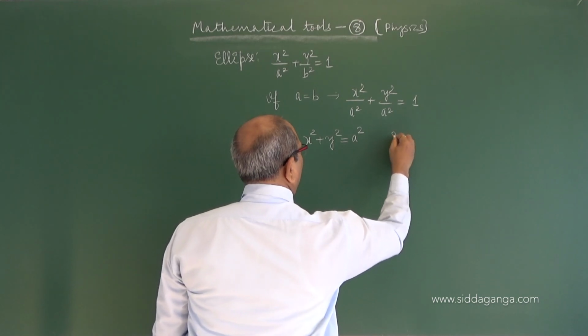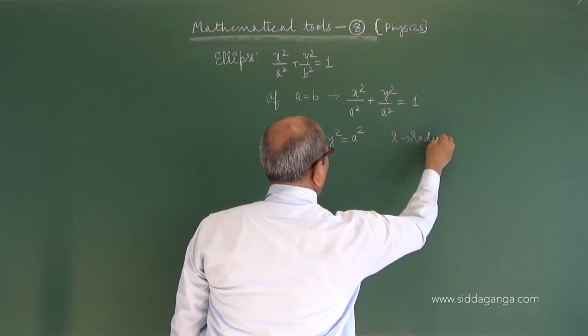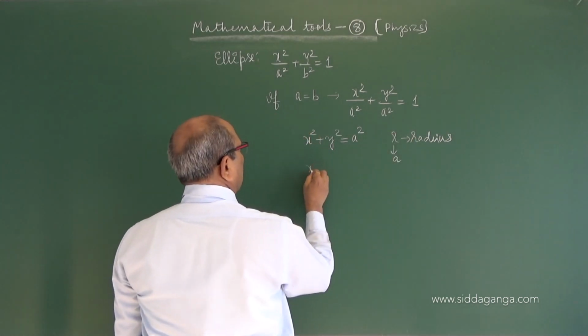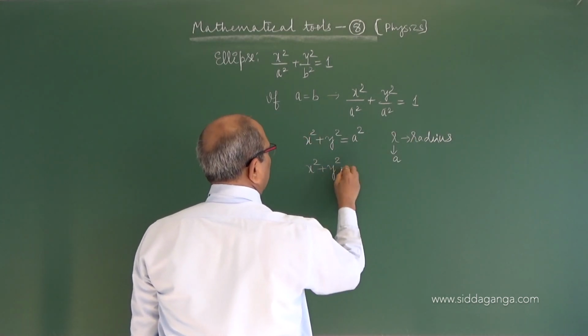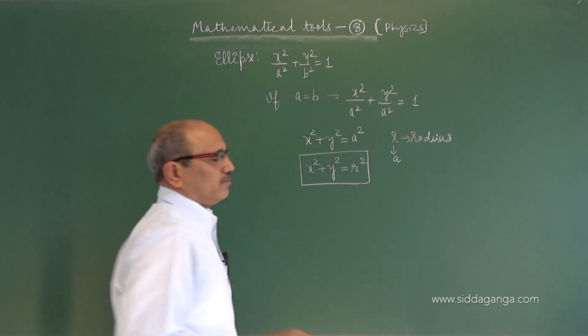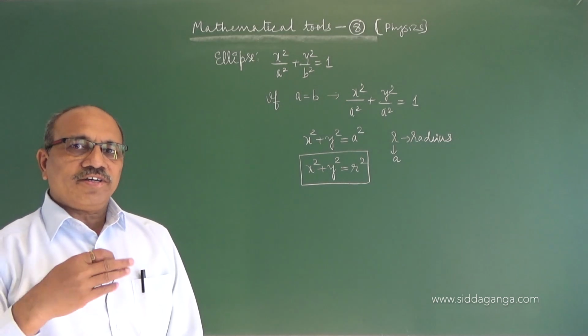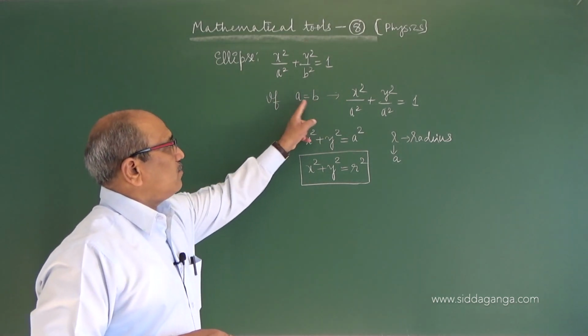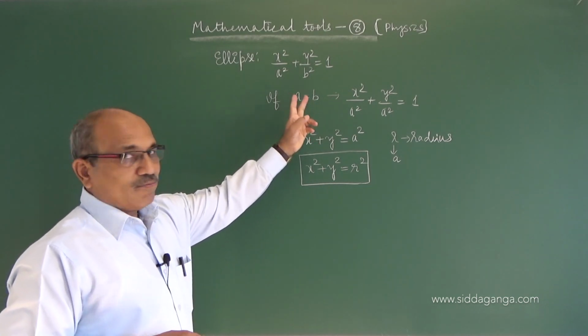If r is called the radius, which may be a here, I can write the standard equation of a circle as r square, that you learned in high school. The ellipse is converted into a circle.